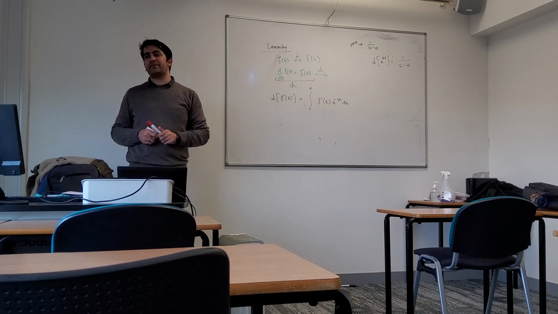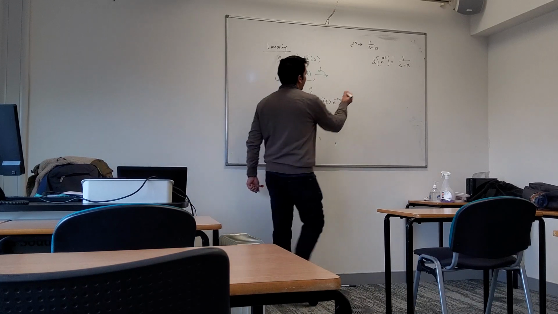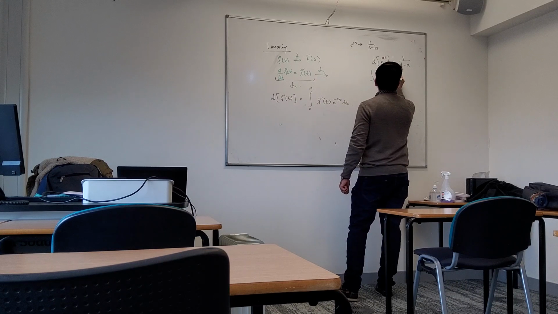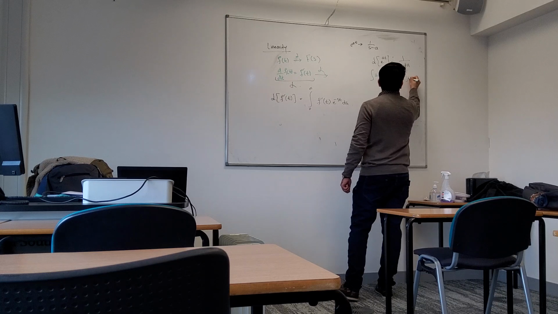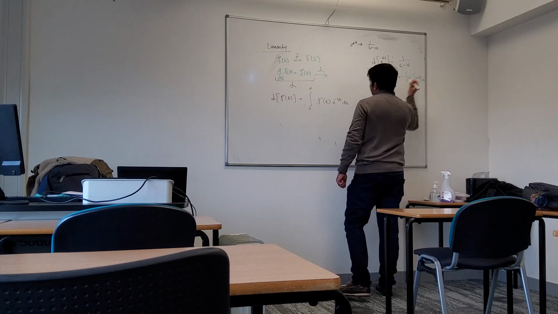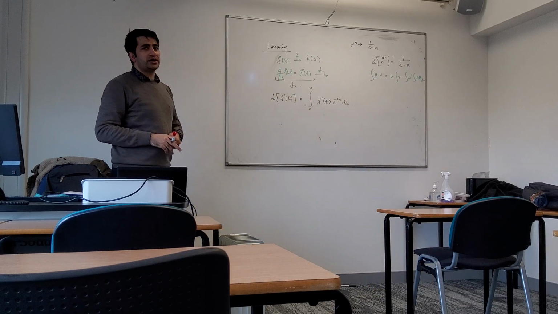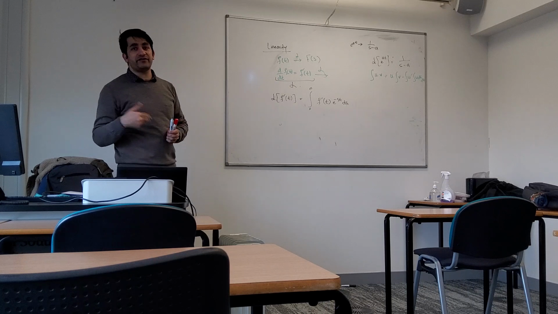For integration by parts, it's very important that you identify the functions. Normally we say u dv, so it is u into the integration of v minus the integral of the derivative of u times the integration of v. This is the formula, right? The important thing is to identify which function is which.